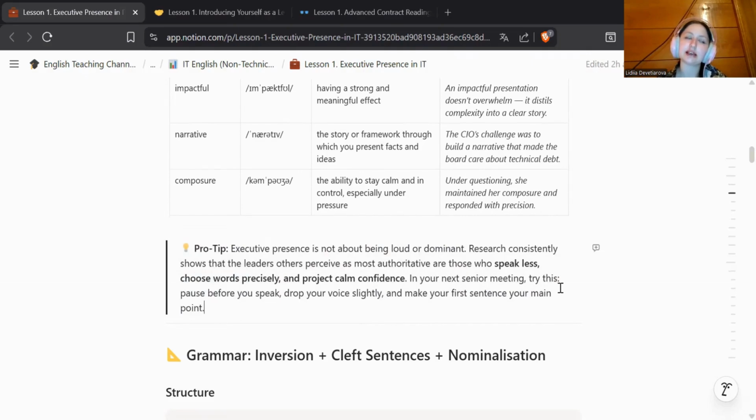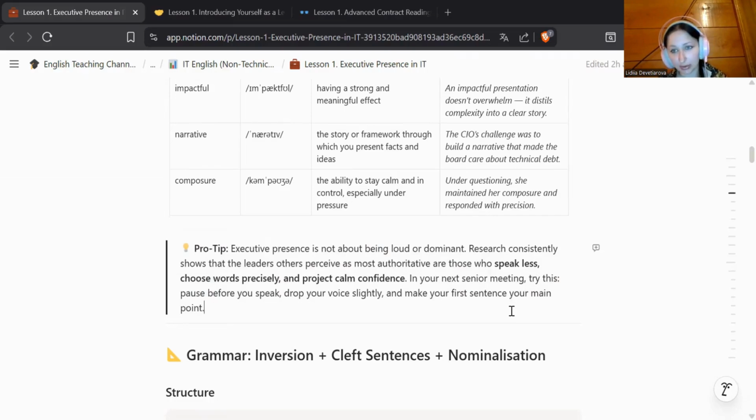Research consistently shows that the leaders others perceive as most authoritative are those who speak less. They choose words precisely and project calm confidence. In your next senior meeting, try this. Pause before you speak, drop your voice slightly, and make your first sentence your main point.